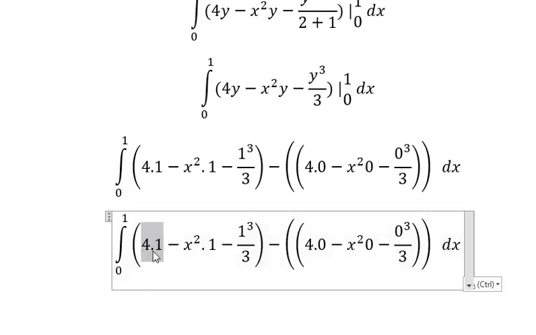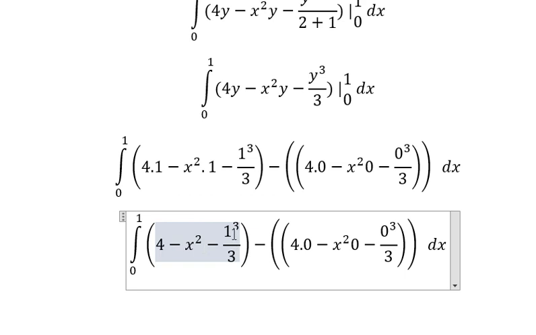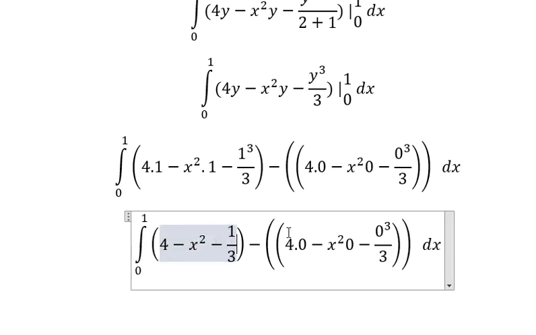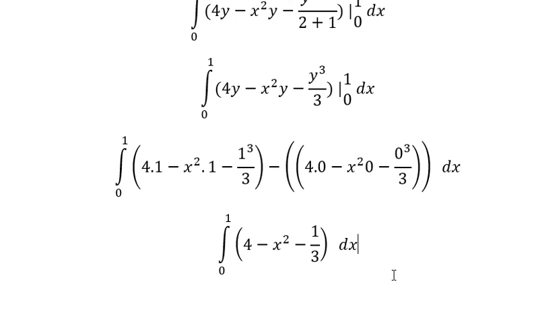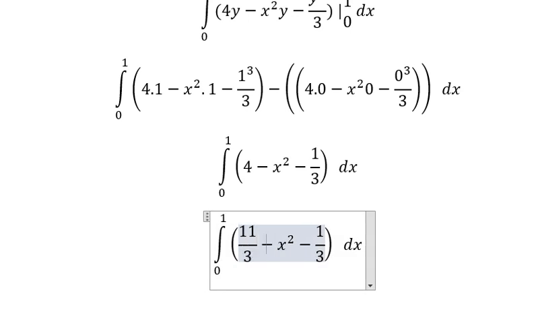This one you got 4, this one you got x squared, this one you got 1 over 3. And now we just simplify like this. 4 minus 1 over 3, we got 11 over 3.